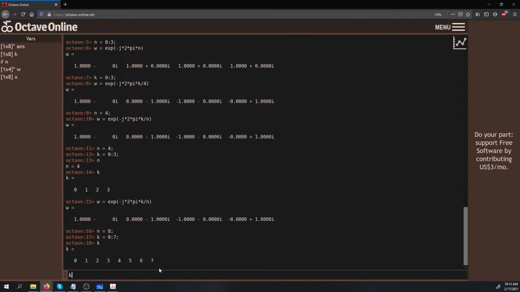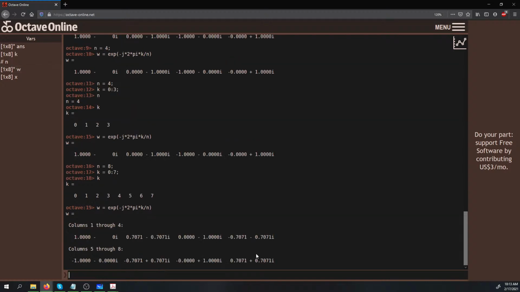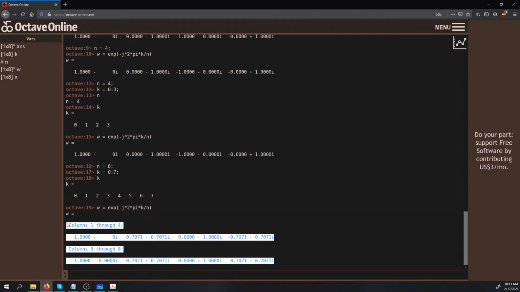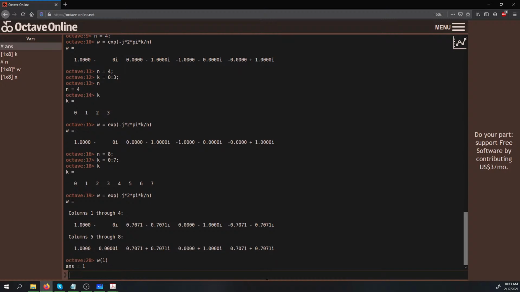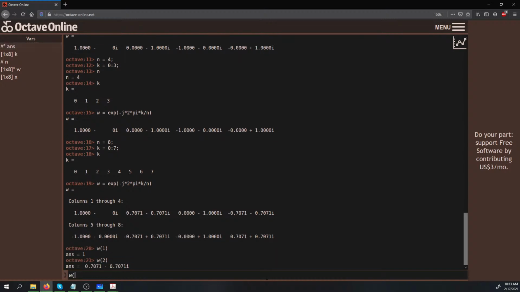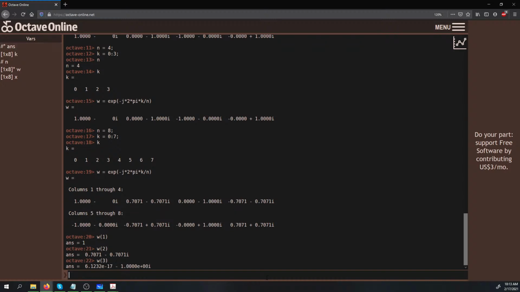You just call back the W equation and you will get all the twiddle factors for your calculation. If you want to call a particular W value in this vector, we can say W of 1, W of 2, W of 3, and so forth, W of 4.